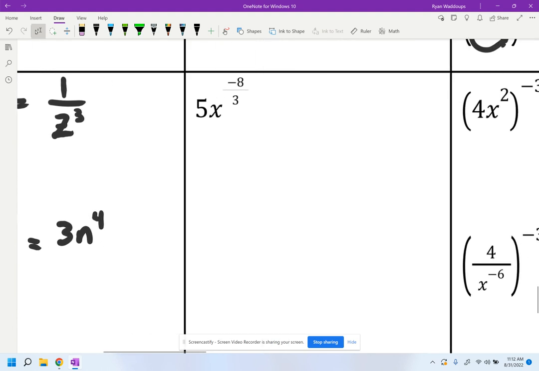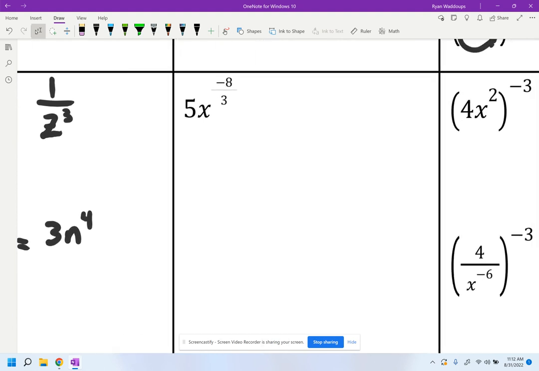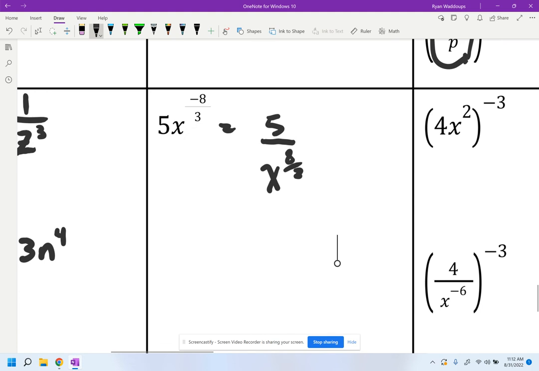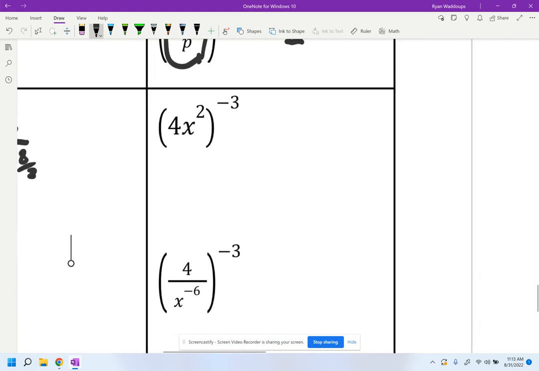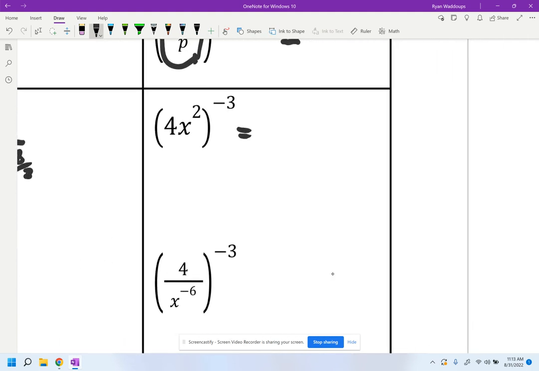And then if we look at the next one, we've got 5x to the minus 8/3. That's equal to 5 over x to the 8/3. It becomes positive down in the denominator. And then the next one, we have 4x squared raised to the minus 3rd power.